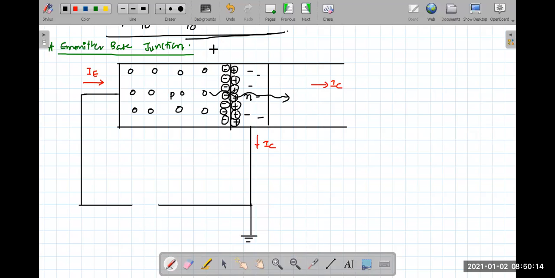Here, the current must be because of the majority charge carriers, because we want the majority current to flow. And we know that majority current will flow only when the junction is forward biased, correct? So that's the reason why the emitter-base junction is always forward biased.